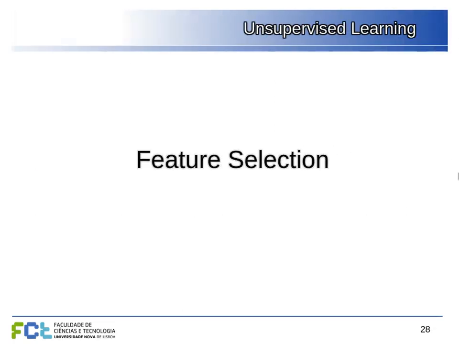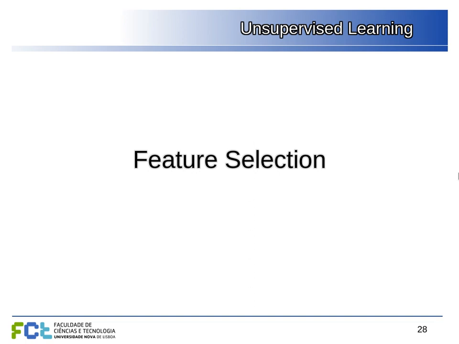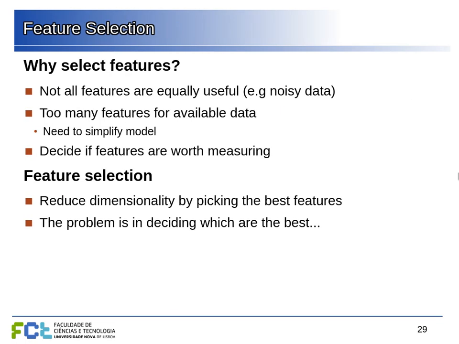Okay, another problem that we didn't look at so far is what to do when not all the features are equally useful. Because sometimes we don't necessarily have the best features for solving some problem. We just have whatever features happen to be available because that was the data that was collected, it's what we can use and so forth.